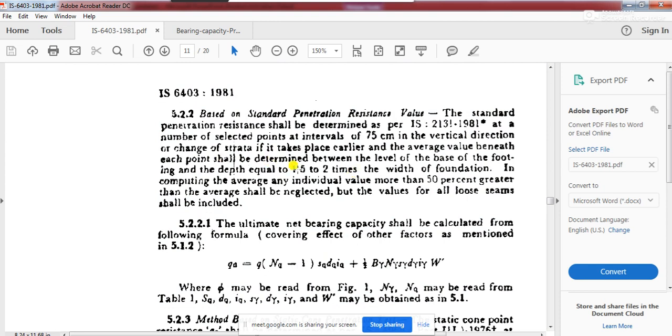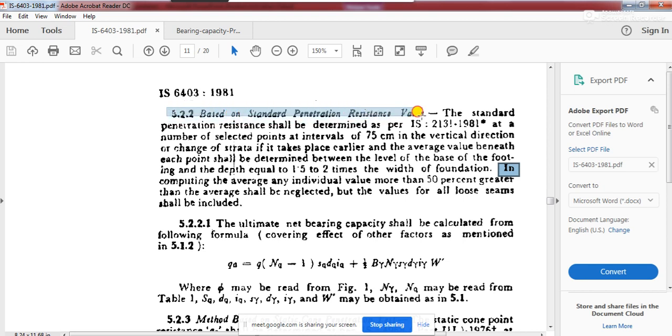In computing the average, any individual value more than 50% greater than the average shall be neglected, but the values for all loose seams shall be included.